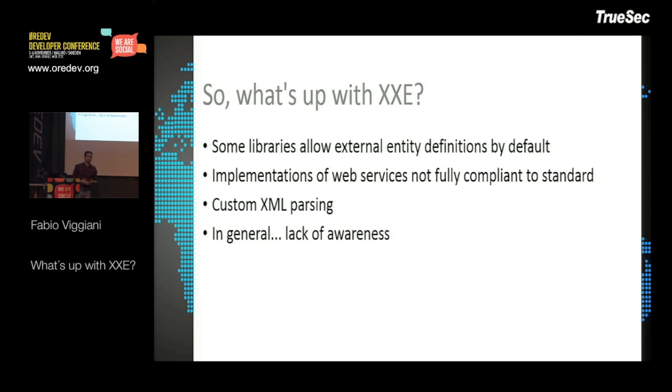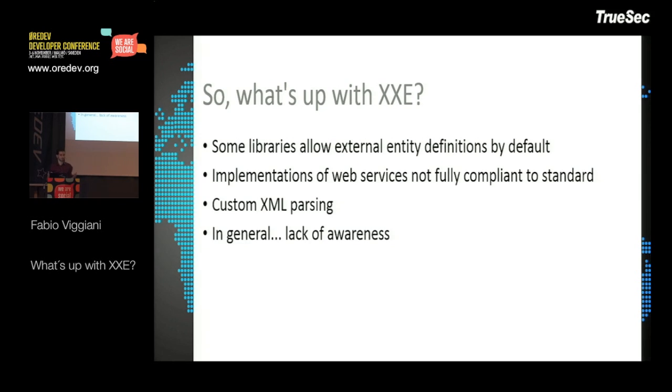Or you can do your custom XML parsing. But in general, I think there is a lack of knowledge. I don't know how many of you knew before this that you can do all that just because of some XML parsing. Some of you maybe knew, but I think many of you didn't. And there are definitely a lot of developers out there that just don't know about it.